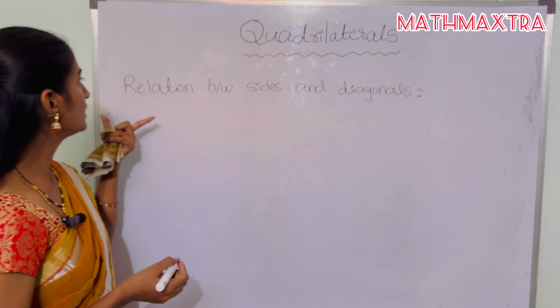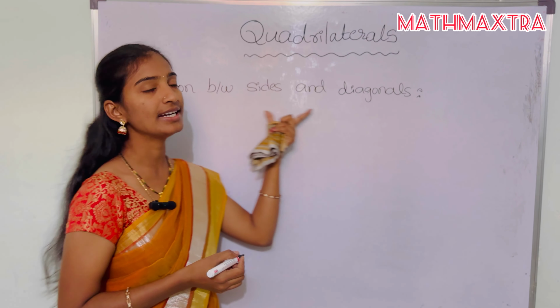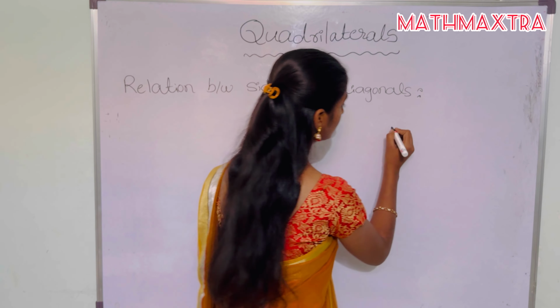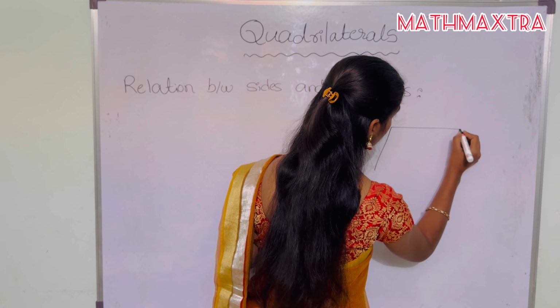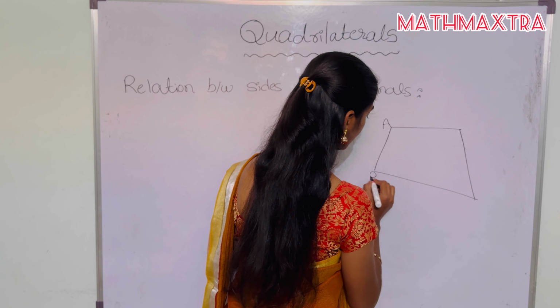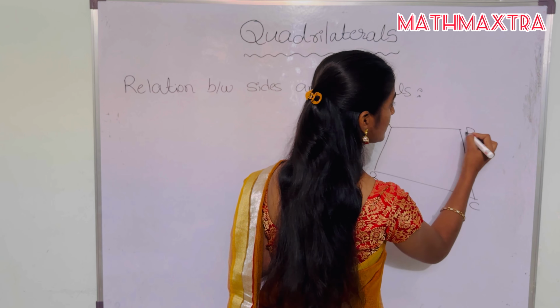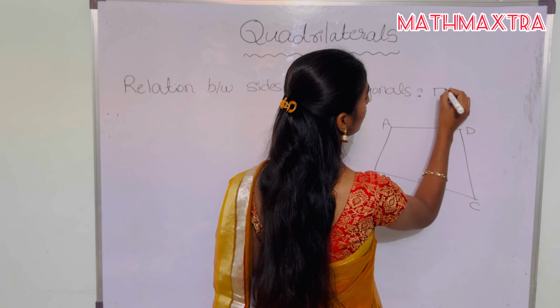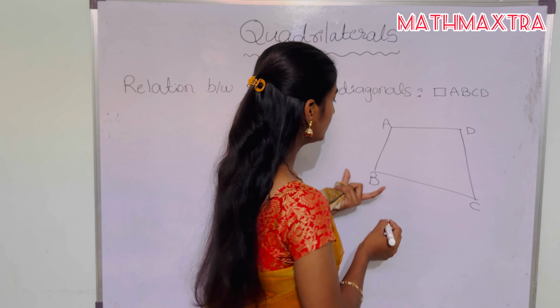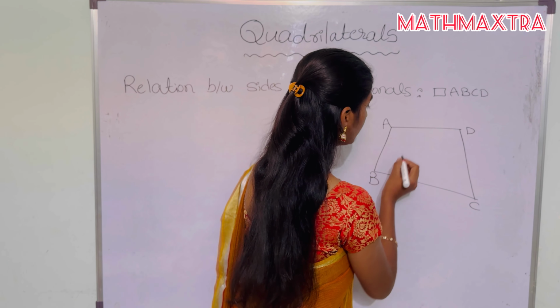So now we will discuss the relation between the sides and diagonals of a quadrilateral. See, you take one quadrilateral. This is a quadrilateral ABCD. So we always represent a quadrilateral as quadrilateral ABCD like this. Okay. And what are the diagonals?